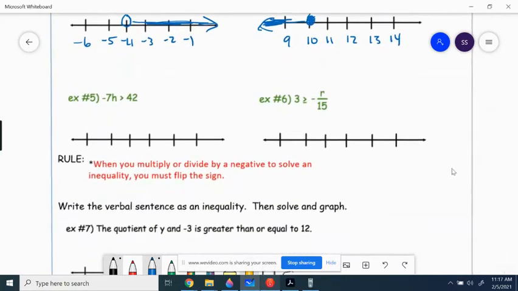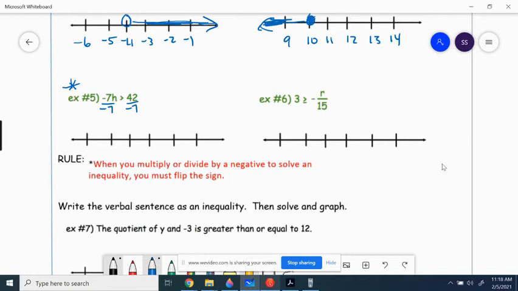Example number 5 is negative 7h is greater than 42. All right, so this is really important here. To undo this operation, we need to divide by negative 7. So here we have this rule. When you multiply or divide by a negative to solve an inequality, you must flip the sign.